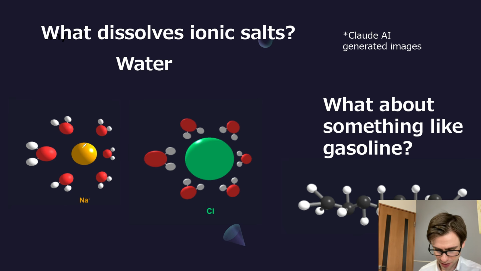So here we have a sodium cation, and we have waters around it. But we know water is polarized. It has negative regions near the oxygen. These are very attracted. And once enough of these surround a sodium cation on the edge of a salt crystal, there's really nothing holding it to the crystal anymore.